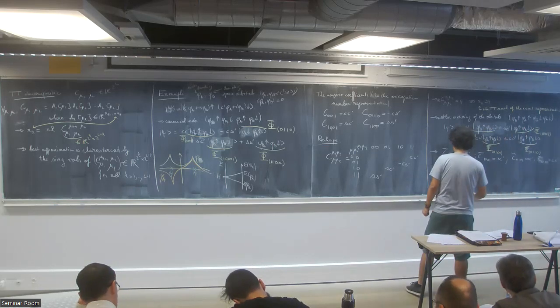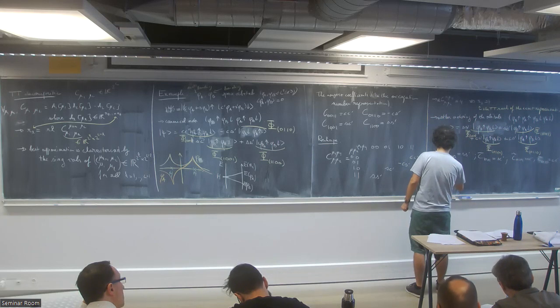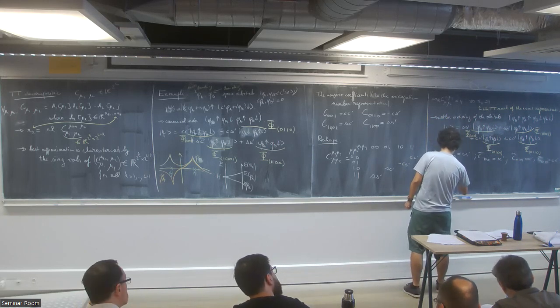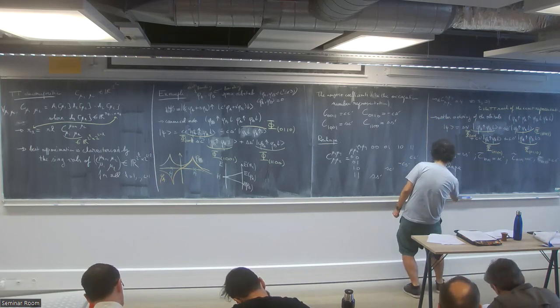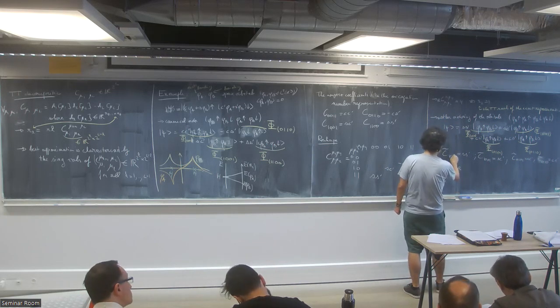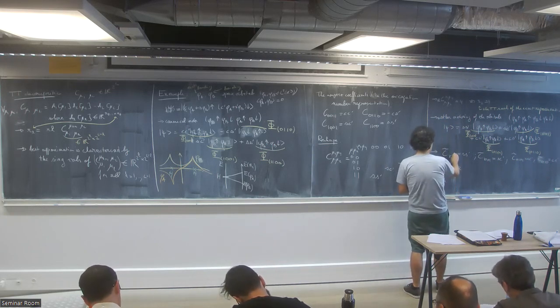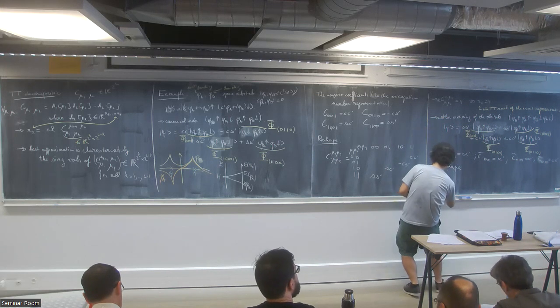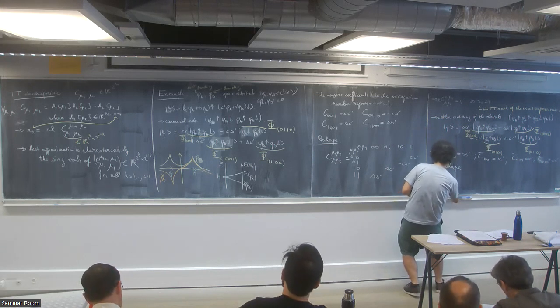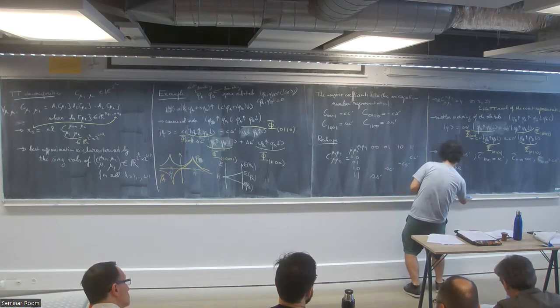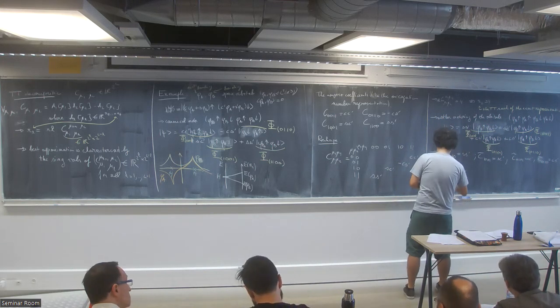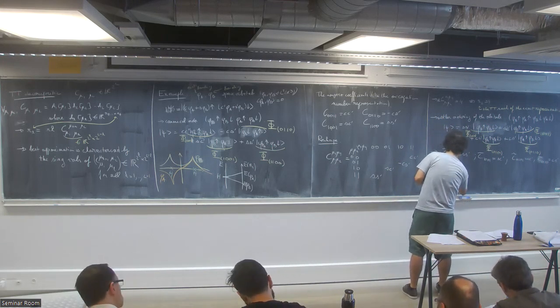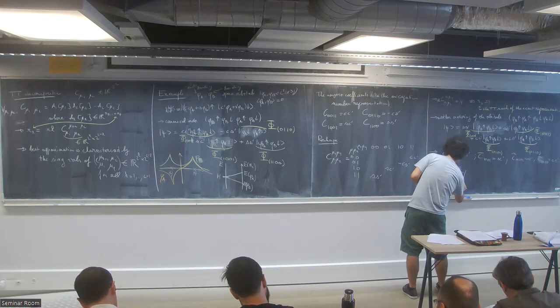Okay, so now it's the same game, you look at the reshape. The reshape with respect to the first two against the last two. So again, the indices are 0, 0, 0, 1, 1, 0, 1, 1.